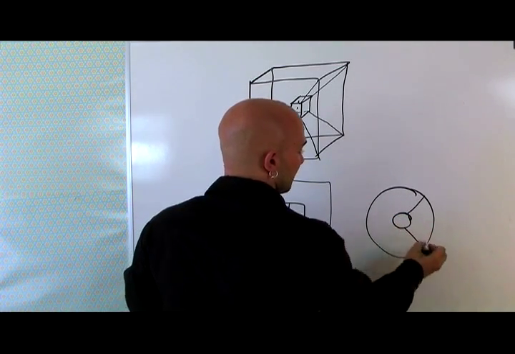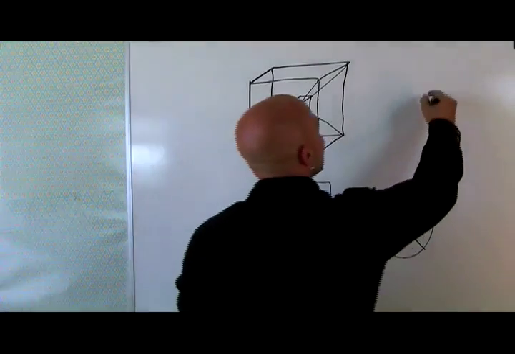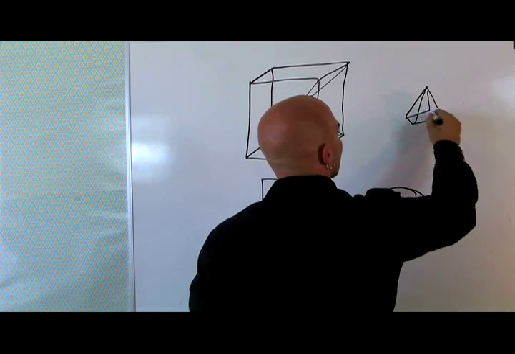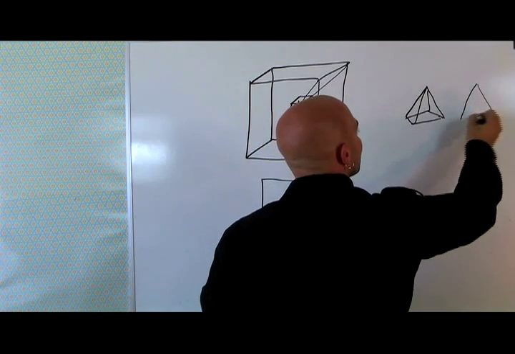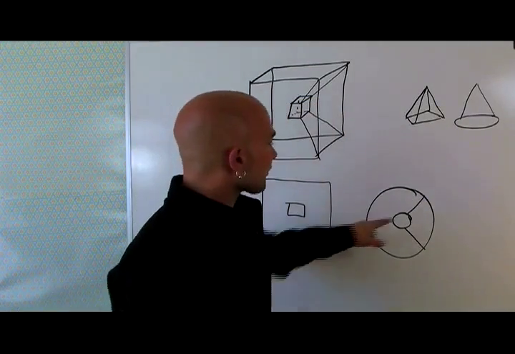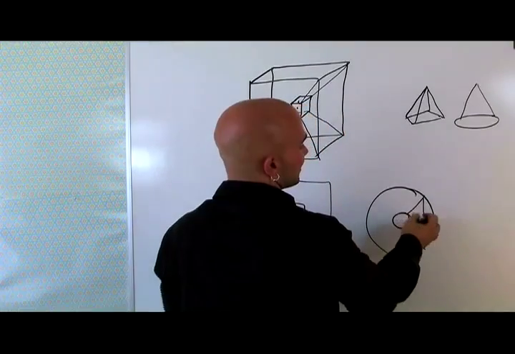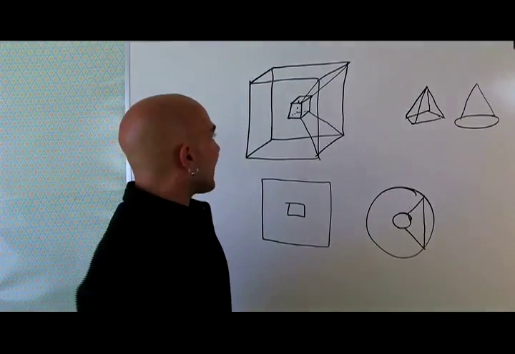Now, the pyramid turns into a cone, remember? Because it's not just a flat pyramid with 4 sides, it becomes a cone with an infinite number of sides. So here's our cone, here's our capstone, and here's the cube, all of it now being animated.